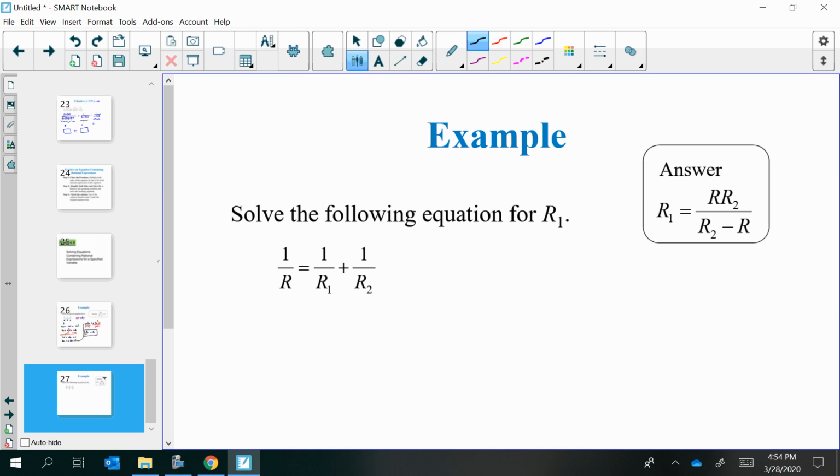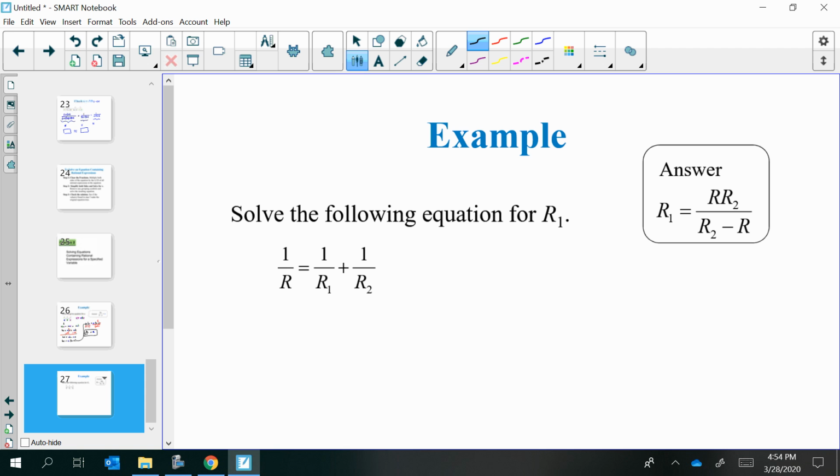Let's look at another one. Solve for r sub 1. Right, so just like we can use different letters to represent different variables, we can also use the same letter but put subscripts on them to tell them apart. So r is different than r sub 1, and both of those are different than r sub 2.